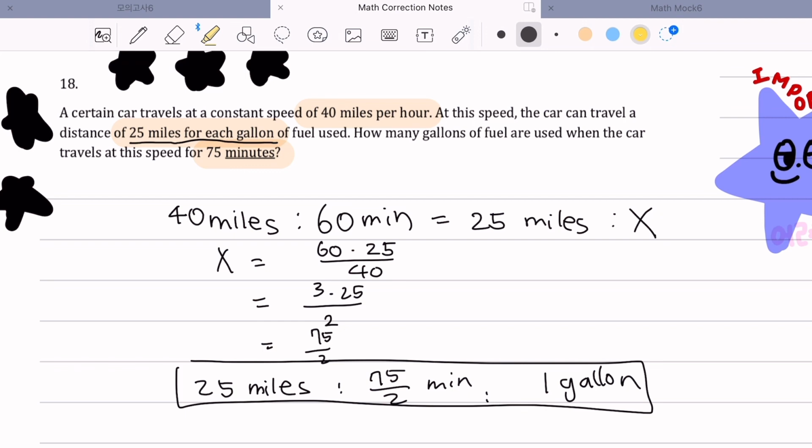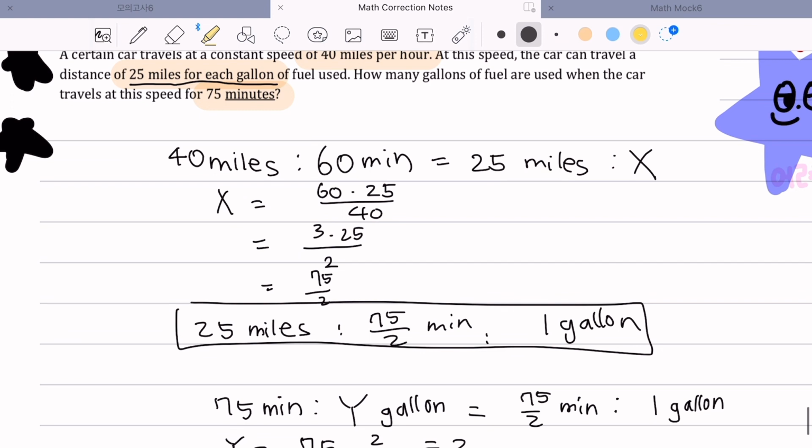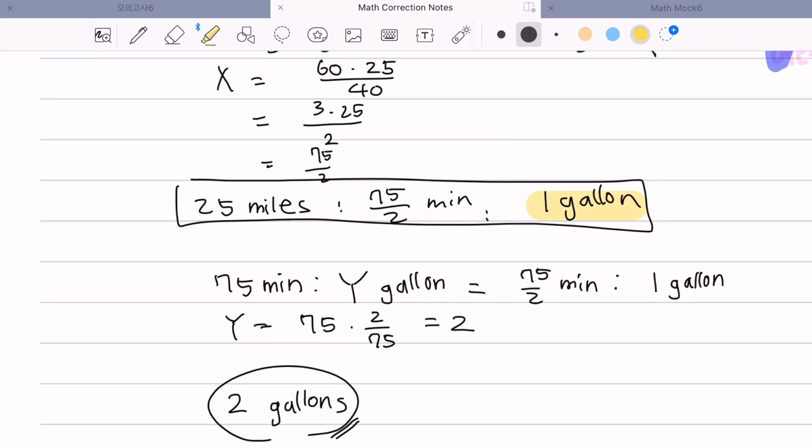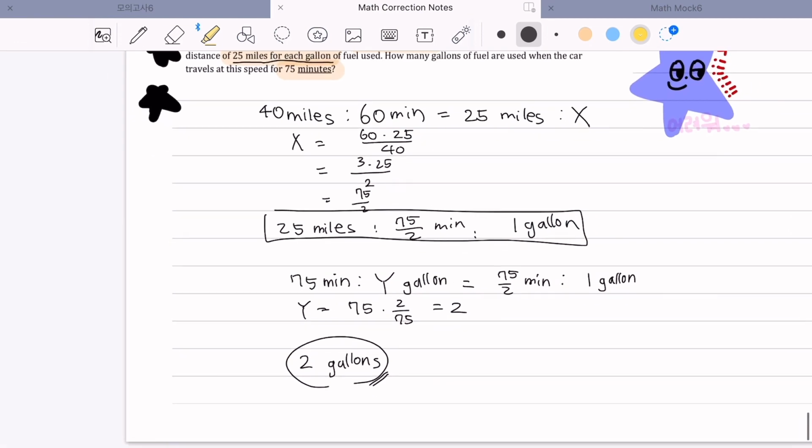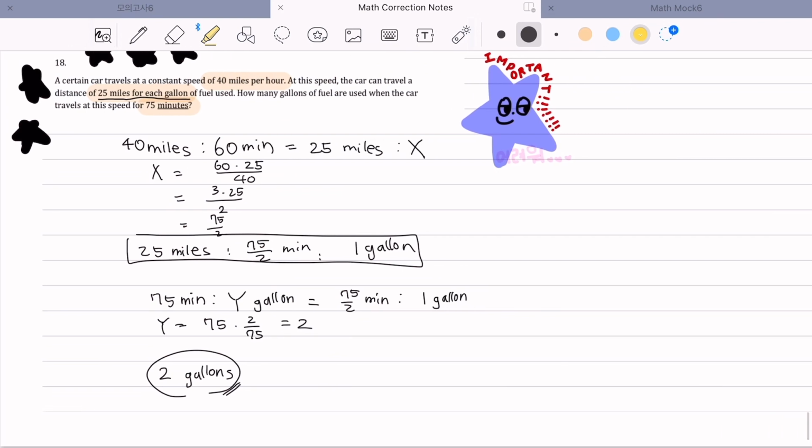So let's just take gradual steps, like solving how many minutes it takes for 1 gallon and what gallons it uses for 75 minutes. So yeah, the answer for question number 18 is 2 gallons.